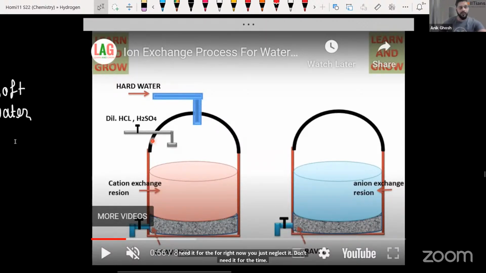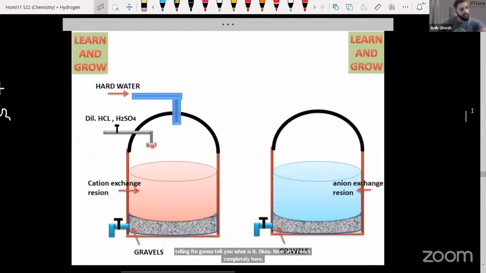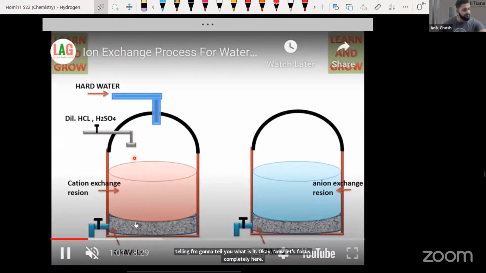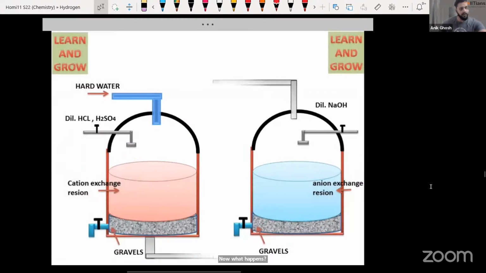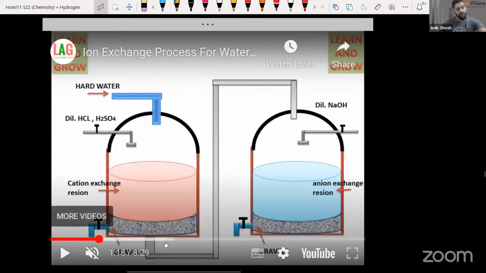Now guys, focus completely here. You can see the outlet of the cation exchange resin is the inlet of the anion exchange resin, isn't it? Correct. And like here there were some acids, here there are some bases. I'm going to tell you the logic.